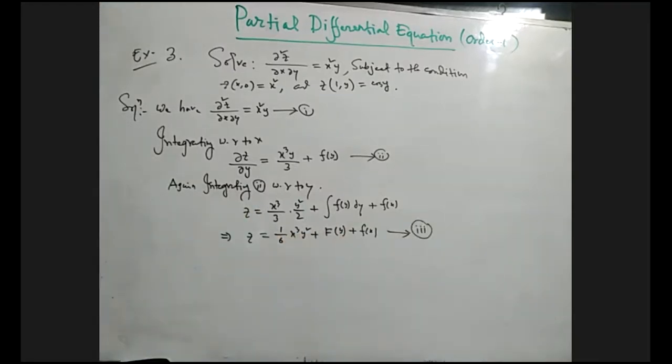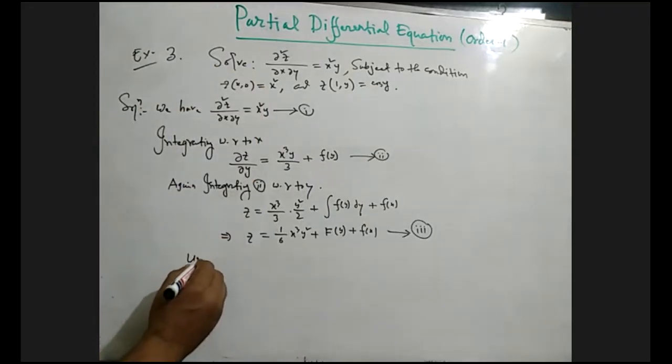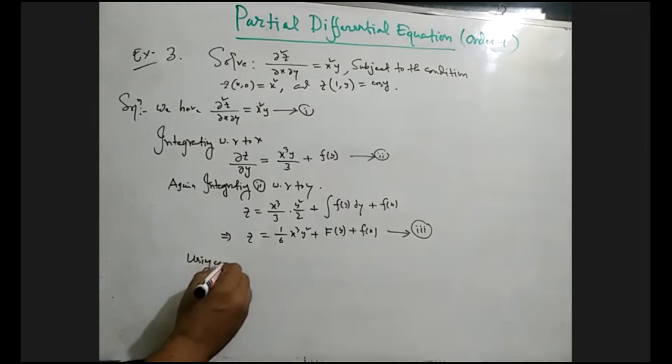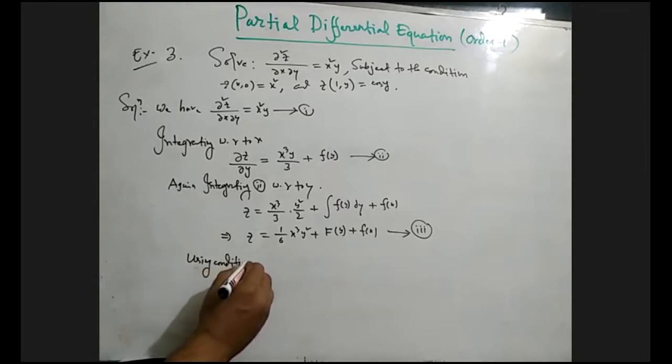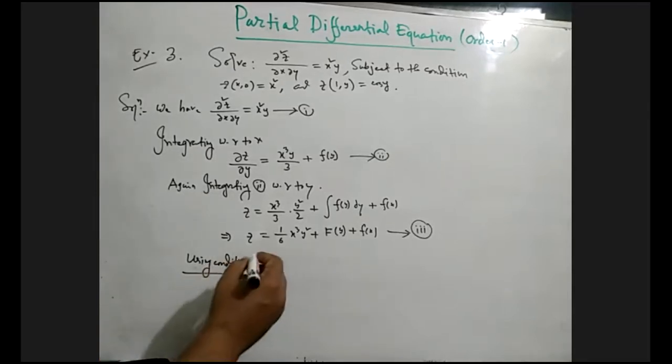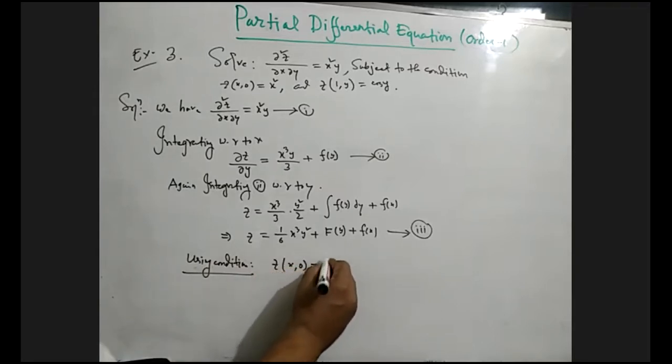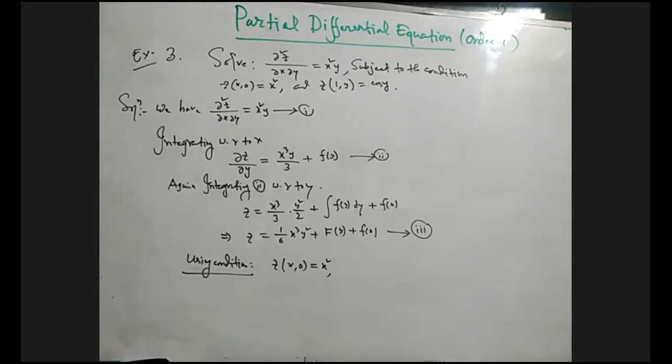Now using condition 1: z(x, 0) equals x square.